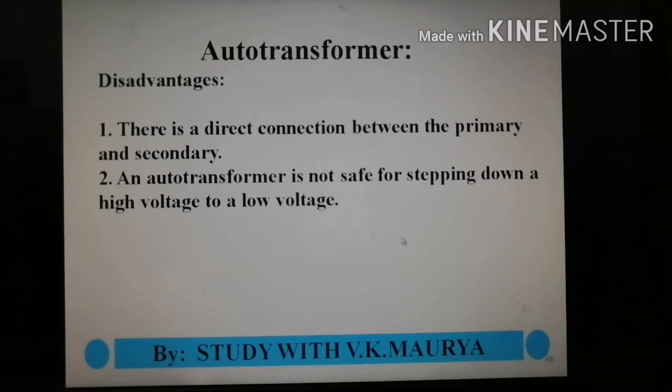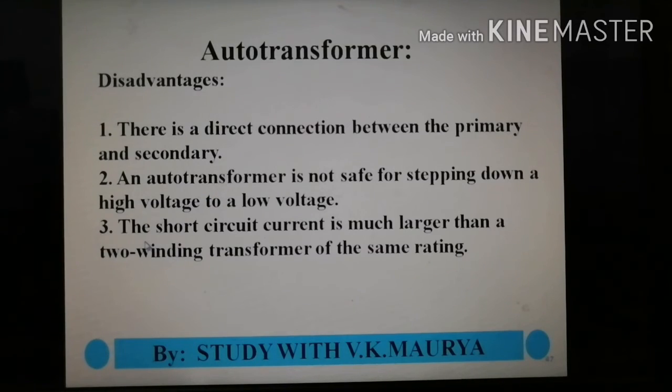Why is it so? Stepping down is very dangerous in the case of an auto transformer, because the secondary winding is directly electrically coupled with the primary. Third one, the short circuit current is much larger than a two winding transformer of the same rating. Yes, simply because they are directly coupled.